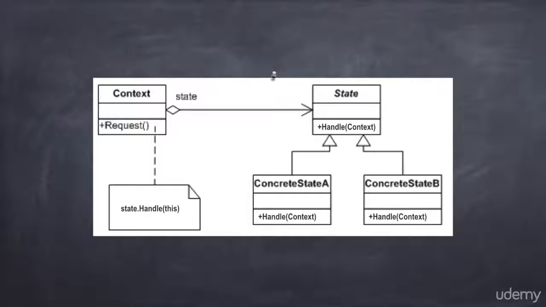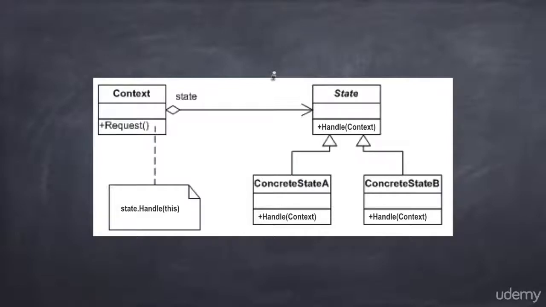There are two classes derived from state, called concrete state A and concrete state B. Both classes implement the handle method. Each concrete state does whatever it needs to do to handle that state, and then changes the current state of the context to the next state.